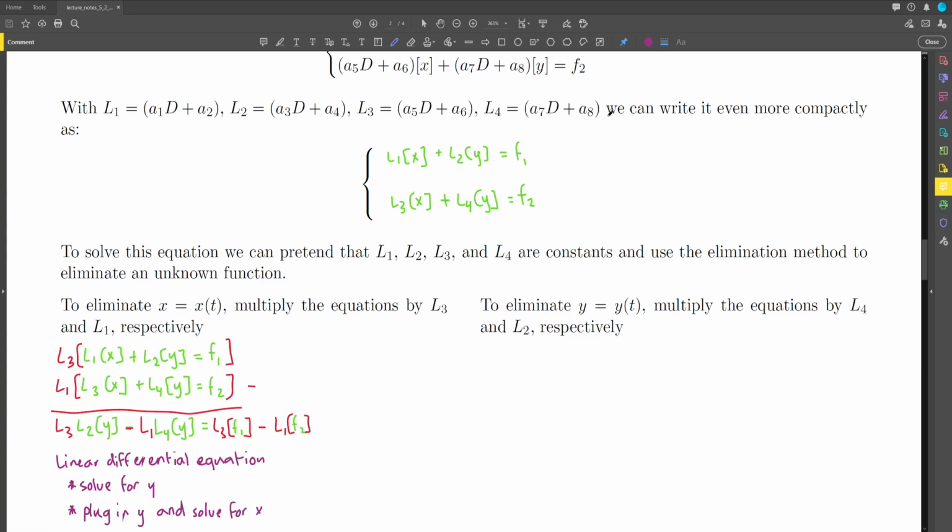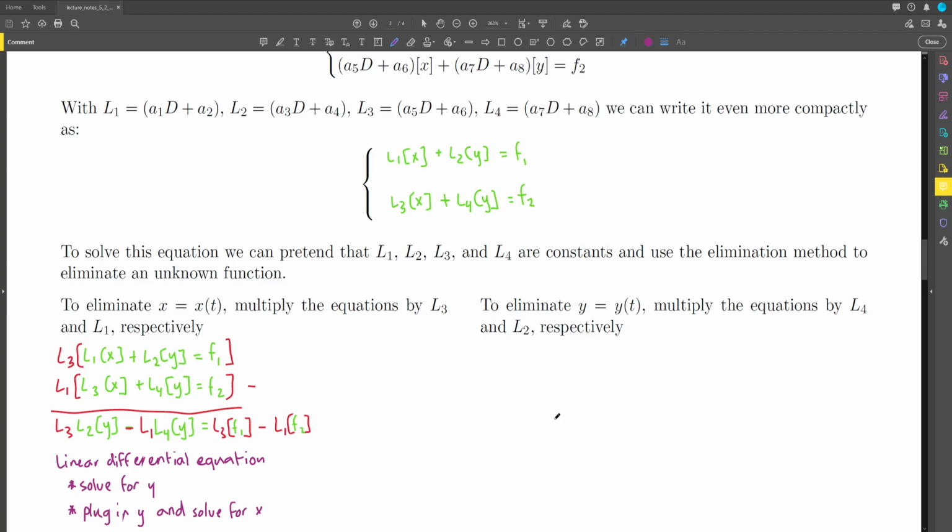Now, I'll leave it up to you to show that you can also eliminate y. Sometimes it might be easier to eliminate y, and we can do that by multiplying the top by L4. So then we get L4 L2 y, and then the bottom we would multiply by L2.